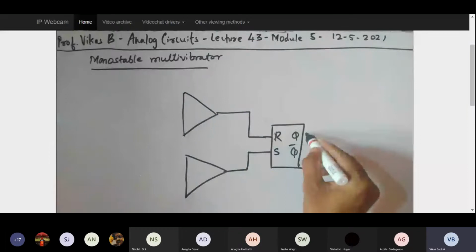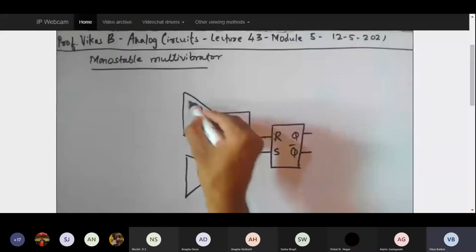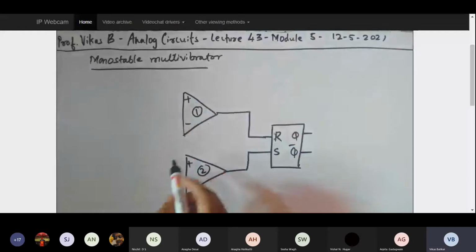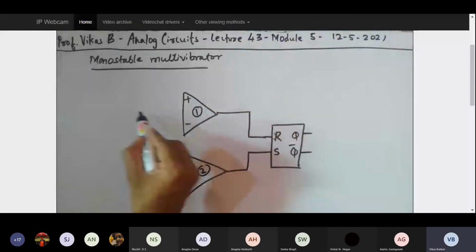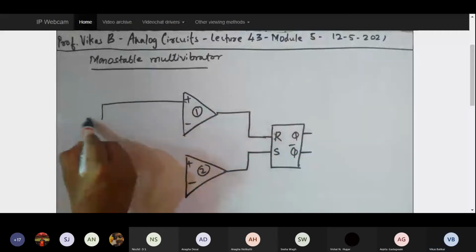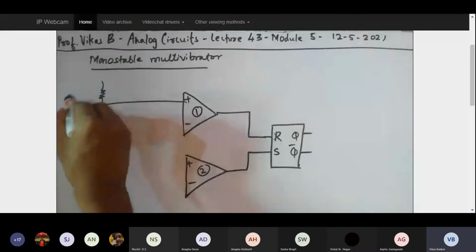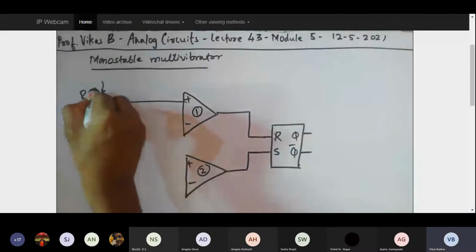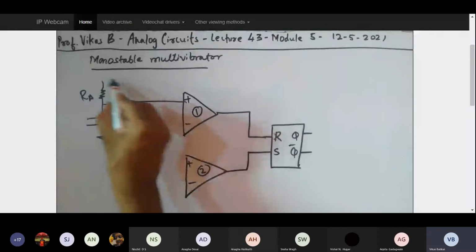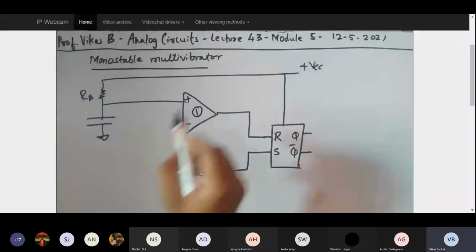This is comparator 1, this is comparator 2. Please carefully observe how the structure goes, and here we have a connection through a capacitor. This is resistance RA. This is all together connected to plus VCC.